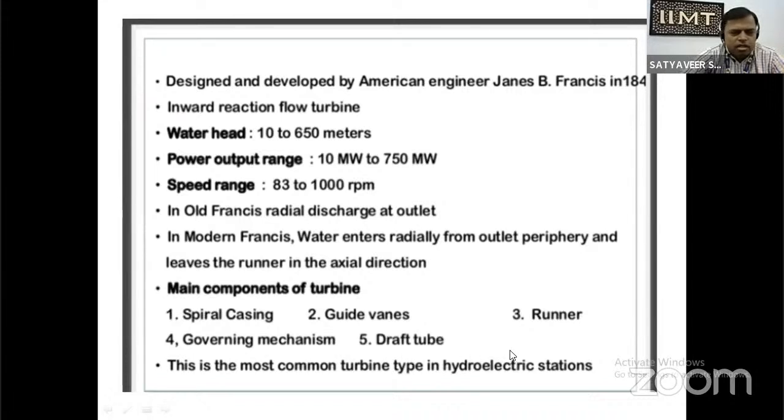The next one is the draft tube. The draft tube is part of the reaction turbine, an increasing diameter tube that can control the velocity of flow. This is the most common type of turbine used in hydroelectric power stations.